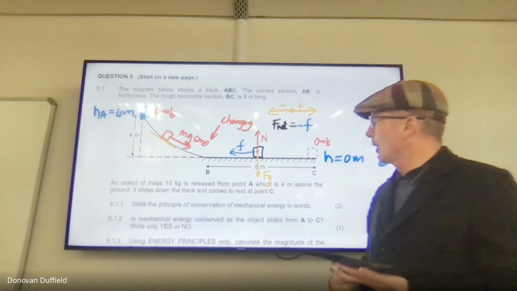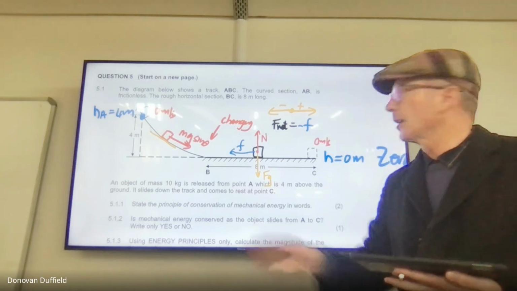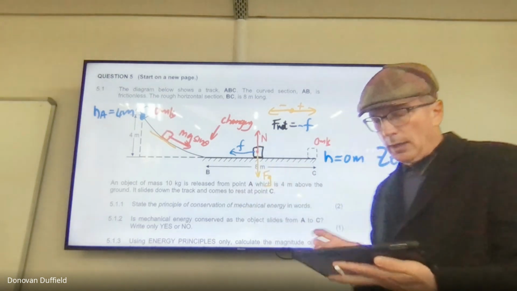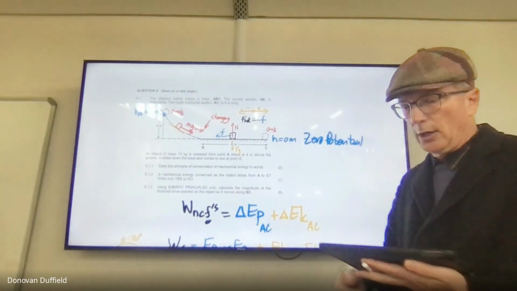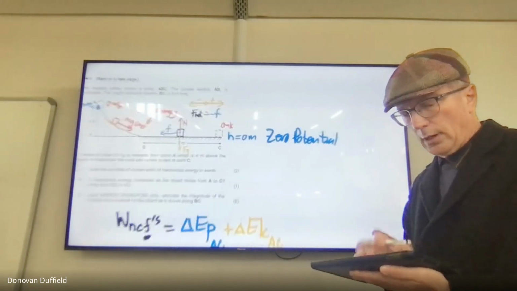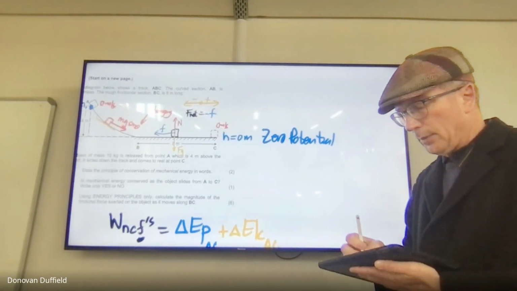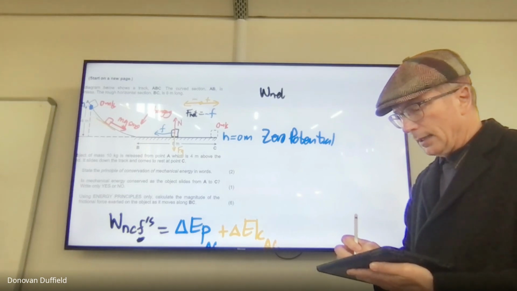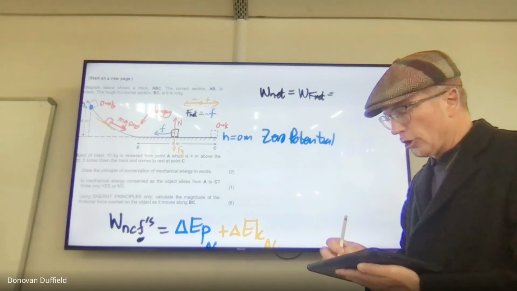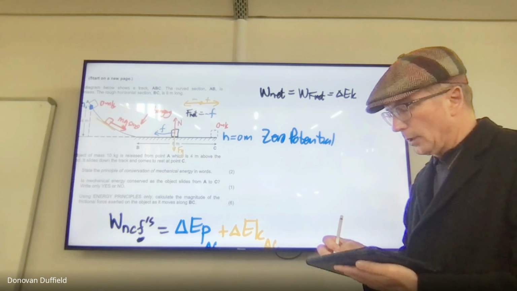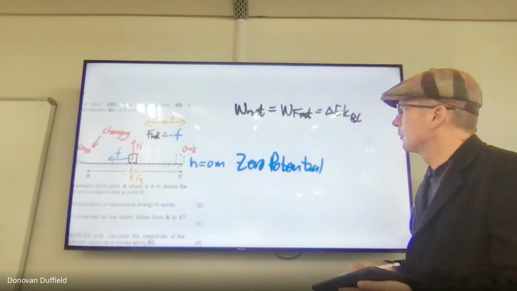Right, but your change in position is to the right. Now, remember, you could say, well, all right, I could say W net, or WF net, equals the change in kinetic energy between B and C. Right?